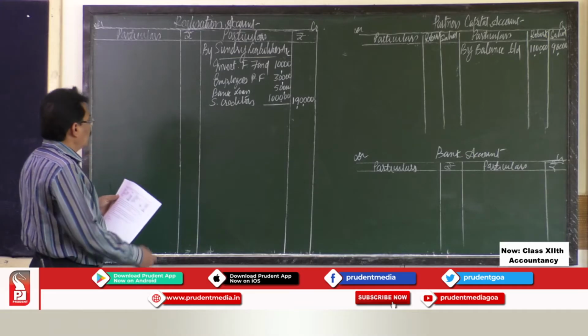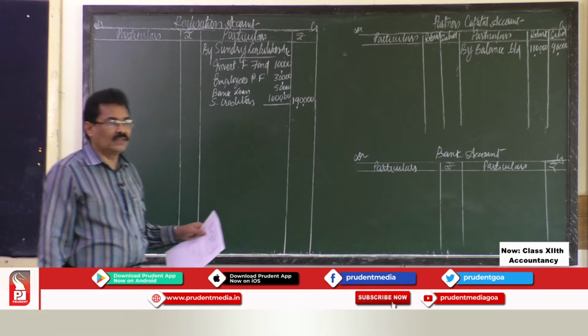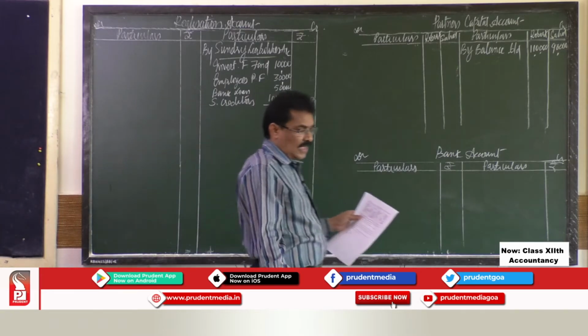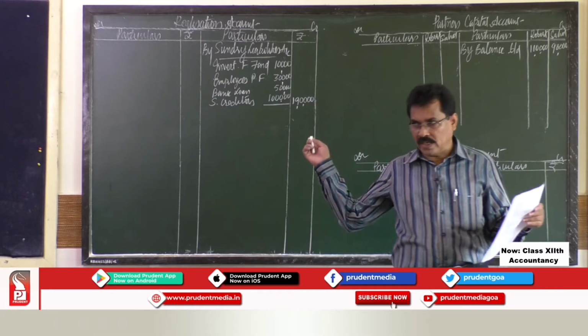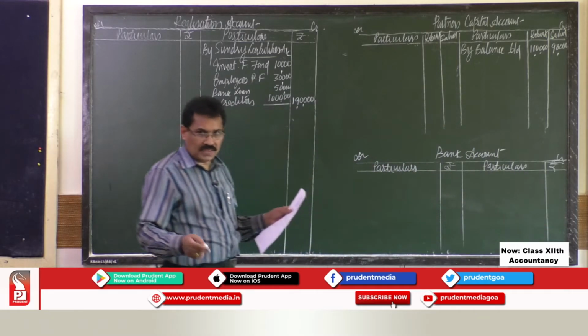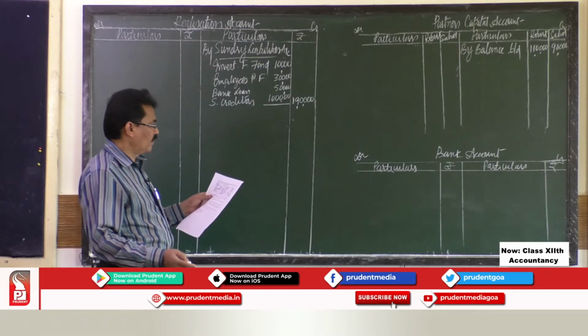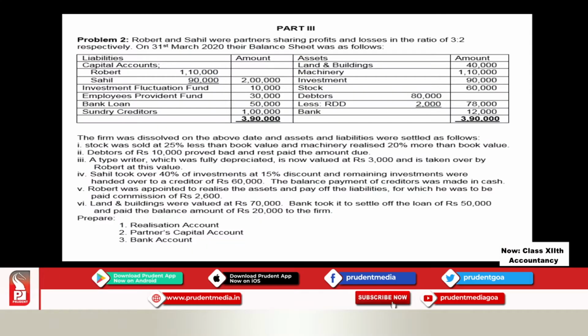Then coming to the asset side, we have assets like land and building. It is a realizable asset, you can recover the money on sale of this asset, so it has to be closed by transferring to realization account. Machinery can also be sold, that also has to be transferred here. Investment, we can dispose of the investment and recover the money, that also has to be transferred here.